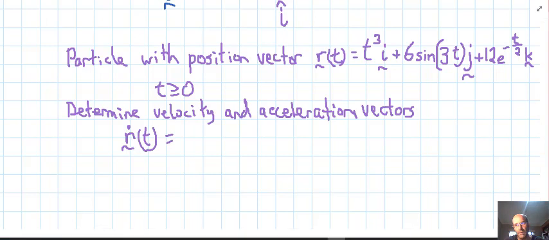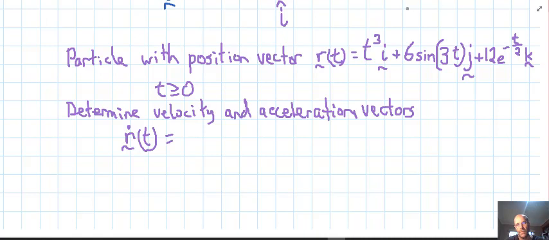So to get the velocity and acceleration vectors, let's go for the velocity one, r dot, and we basically find the derivative with regards to t of each of those three components there. This time around I'm not going to put in the d dt working. I'm just going to do it because that's assumed knowledge by now, except perhaps on some more difficult functions.